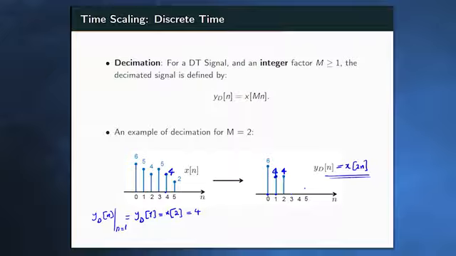So yd of n at n equal to 3 is going to be 0. Let me erase these 2 points so we don't get confused here. So the values of the signal yd of n at all of these time points is equal to 0.